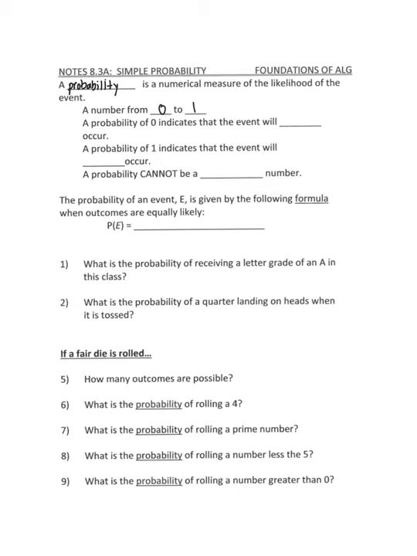A probability of 0 indicates that the event will never occur, and a probability of 1 indicates that an event will always occur. A probability cannot be a negative number. When we're dealing with probabilities, it will always be positive.